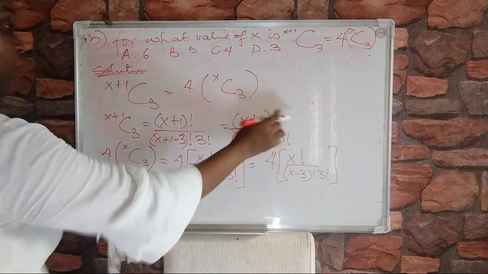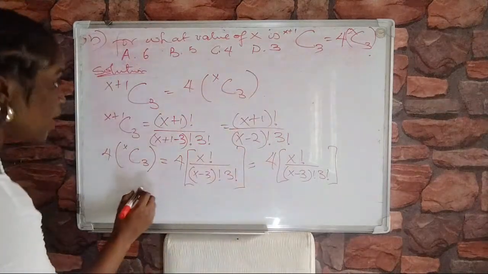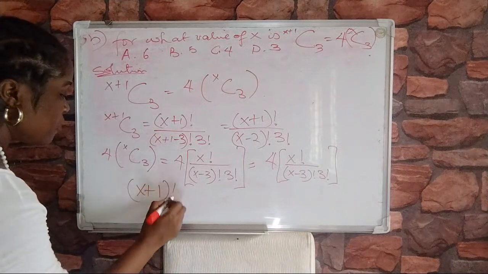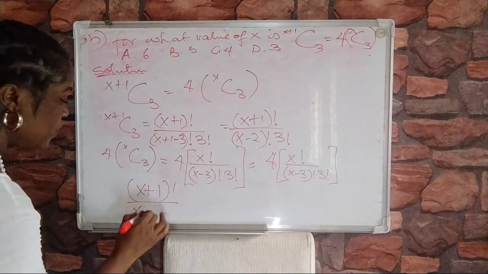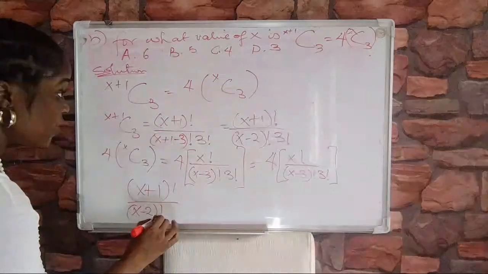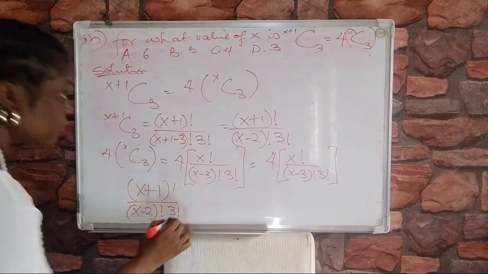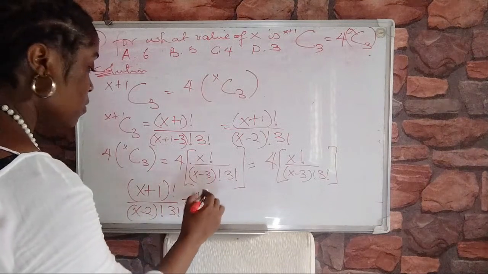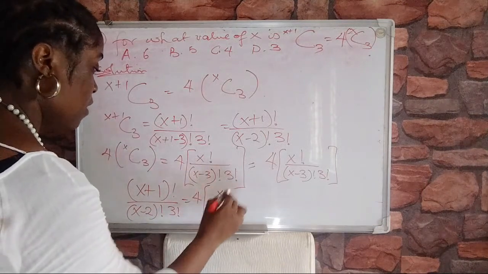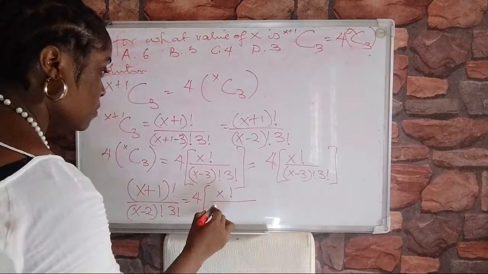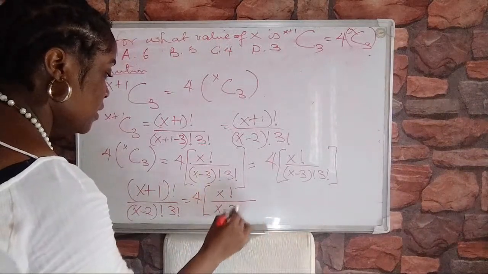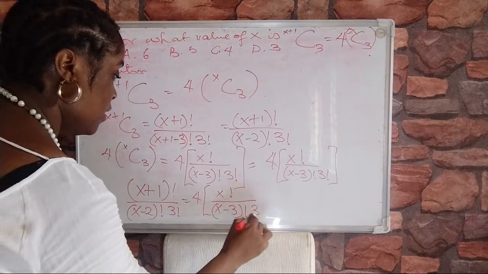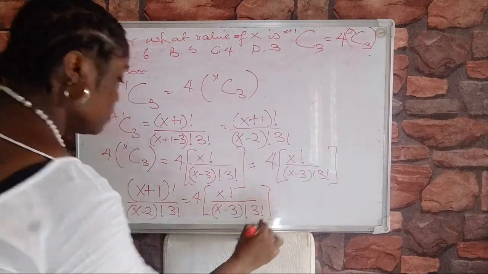So we're going to equate these two. We have x plus 1 factorial all over x minus 2 factorial 3 factorial, okay, equal to 4 x factorial over x minus 3 factorial 3 factorial.